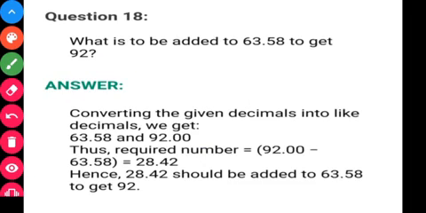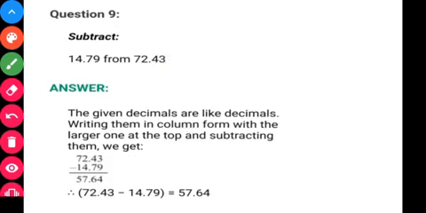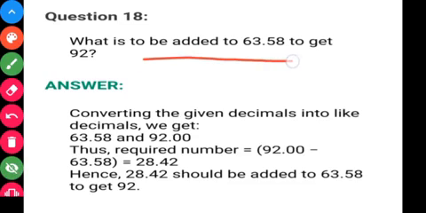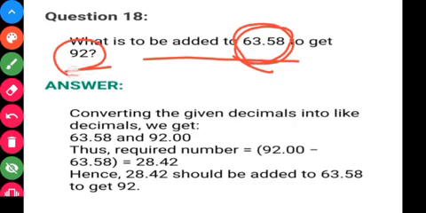Now question number 18. The other questions you can do by yourself, that is homework. Question 18 is given: what is to be added to this to get this? Suppose that number is x. So x is added to 63.58 to get 92.